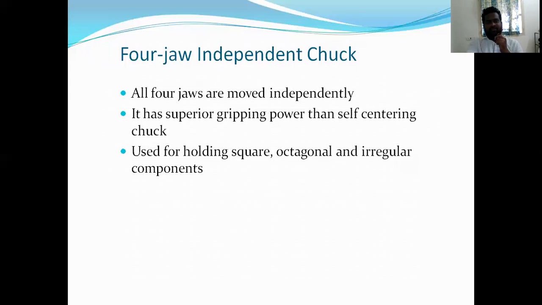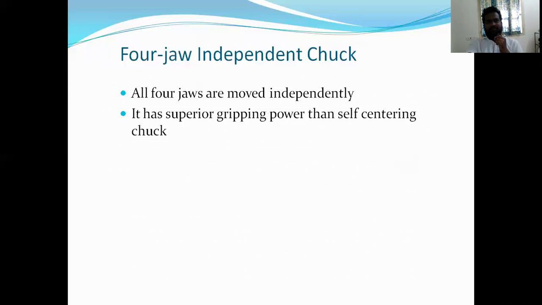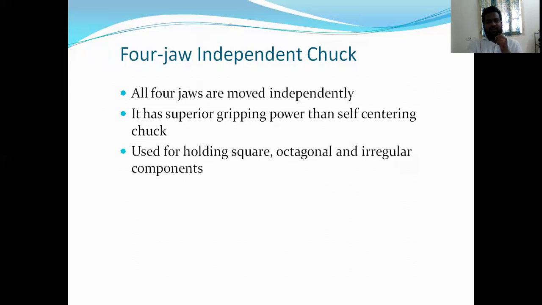With one keyway, it is not moving all the jaws in and out. For moving one jaw, we need one key, and for moving another jaw, we need another key. So for all these jaws, we need 4 keyways.